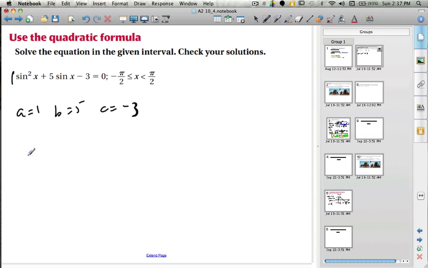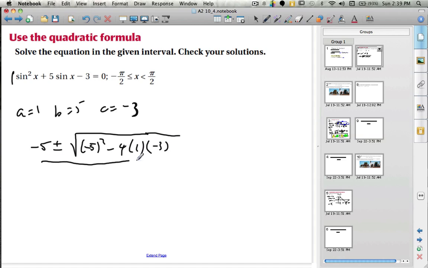Okay, so I know that I could do the opposite of b plus and minus the square root of -5 squared minus 4 times a times c. It's all over 2 times a. But what is this going to be equal to? It's going to be equal to the sine of x. Right? So it's not x, it's the sine of x.